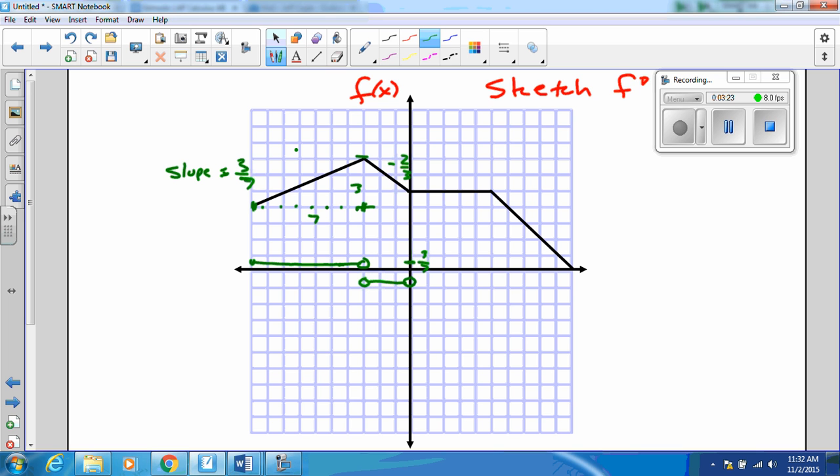Because my derivative from the left is 3/7 and my derivative from the right is -2/3, therefore my function will be non-differentiable right here. F prime will not exist, and I will have 2 open circles reflecting a jump discontinuity in the graph of f prime, because my slope instantaneously changes from 3/7 down to -2/3, right at x equals -3. Wait, I'm confused now.